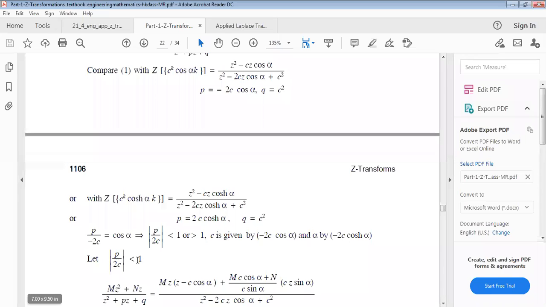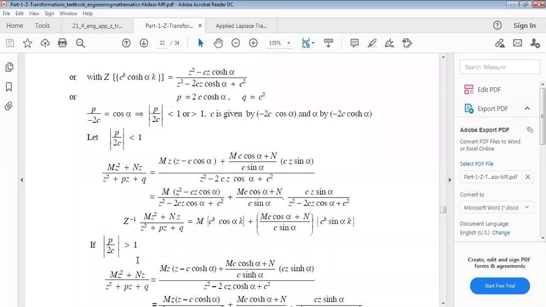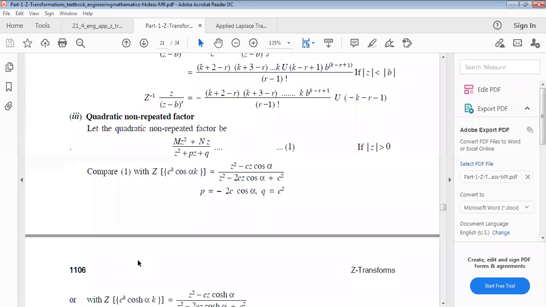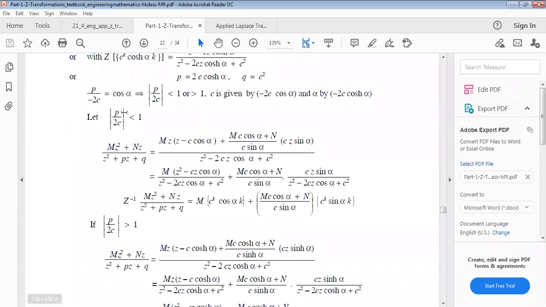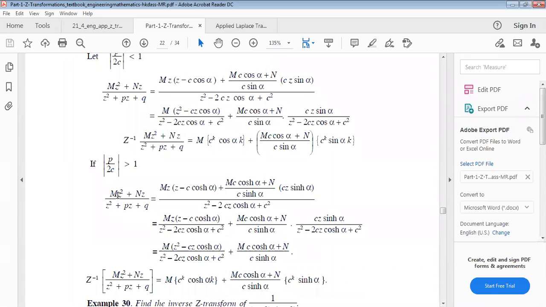So let this be less than 1. Actually this is the theory of the quadratic non-repeated factor. So this quadratic one can be written as this when p by 2c is less than 1; for greater than 1, we can write this one in this way.